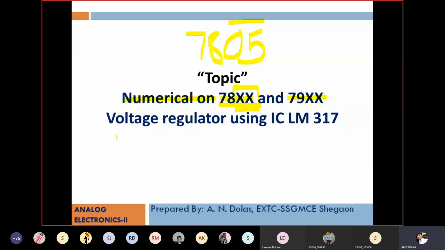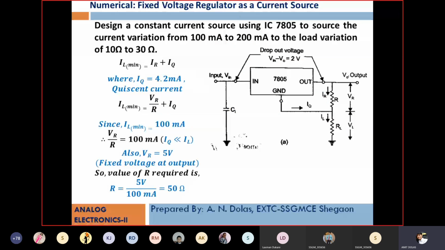After finishing that, we will see the general purpose voltage regulator IC, that is LM317, which is a positive, configurable, fixed as well as variable voltage regulator, which can be configured into two modes that will be explained in the next PPTs. So I move to the next PPT, and we will see the numerical on fixed voltage regulator.